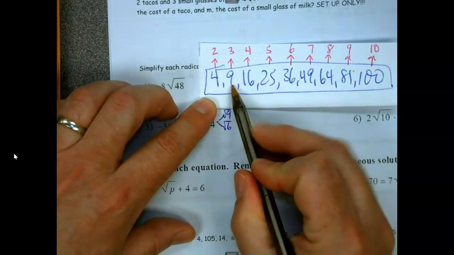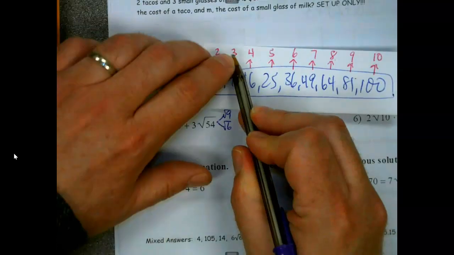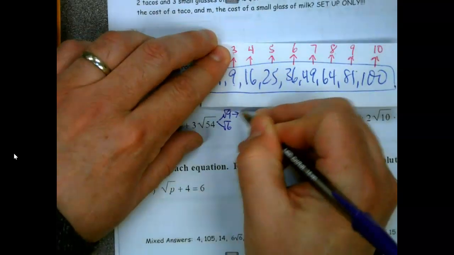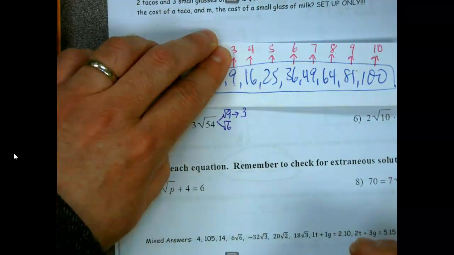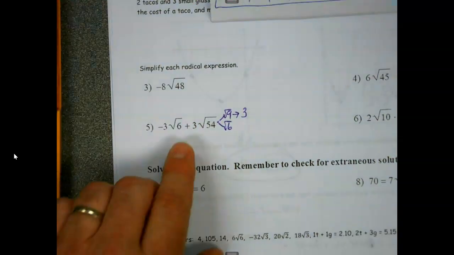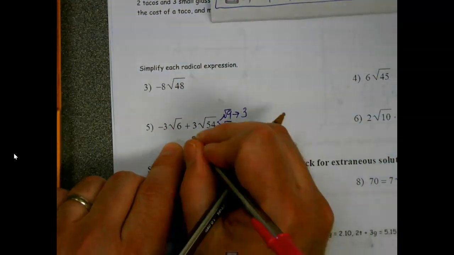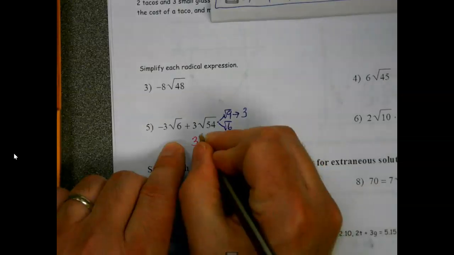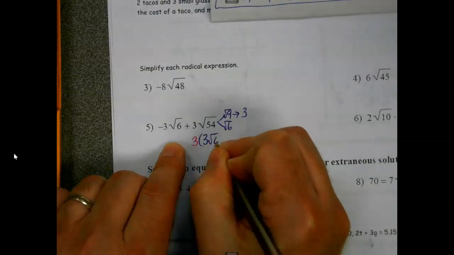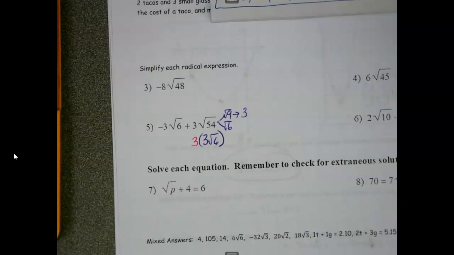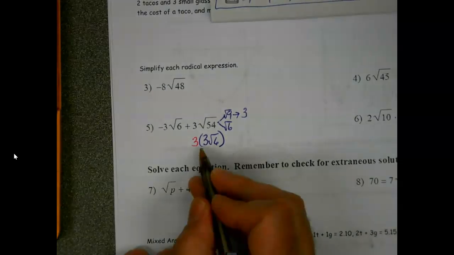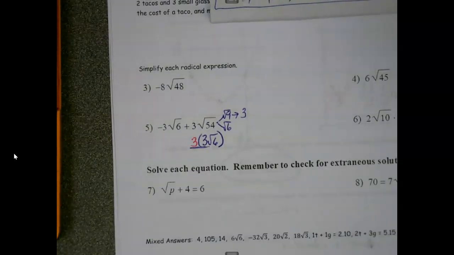But again, only the perfect one gets out from under the radical, okay? So what does that give me? That gives me this 3 on the outside, and then 3 times the square root of 6. But these two numbers that are on the outside can hang out together.